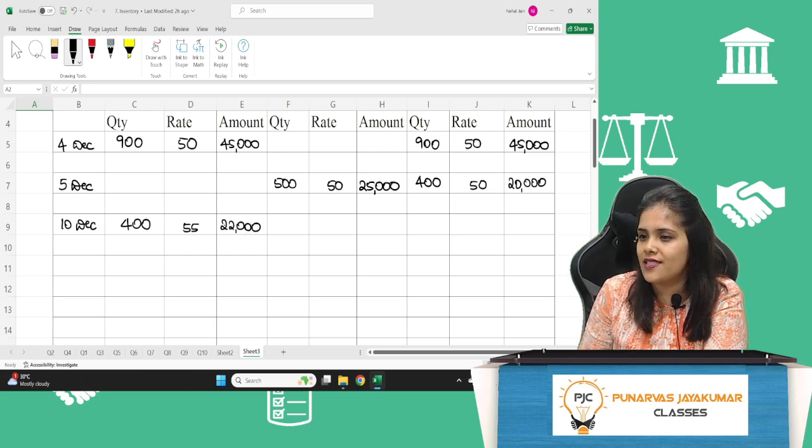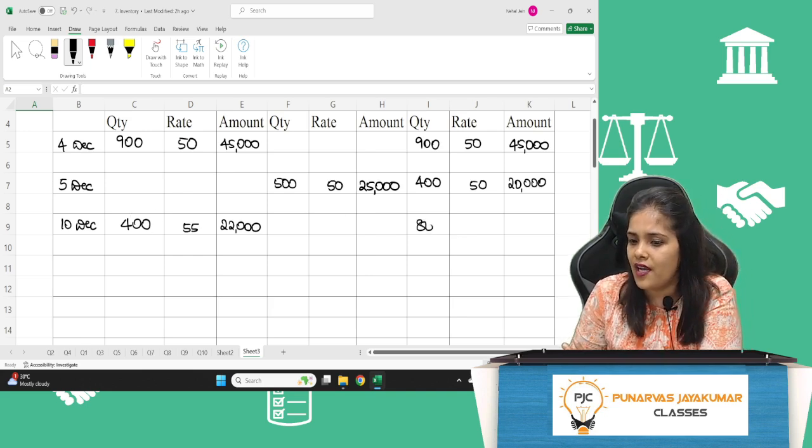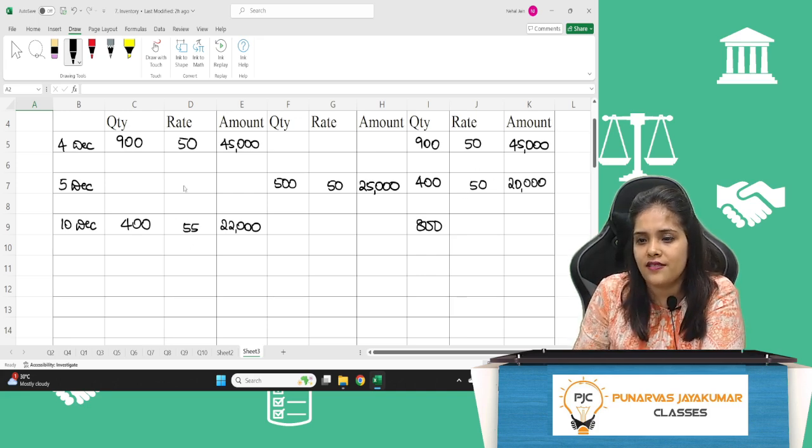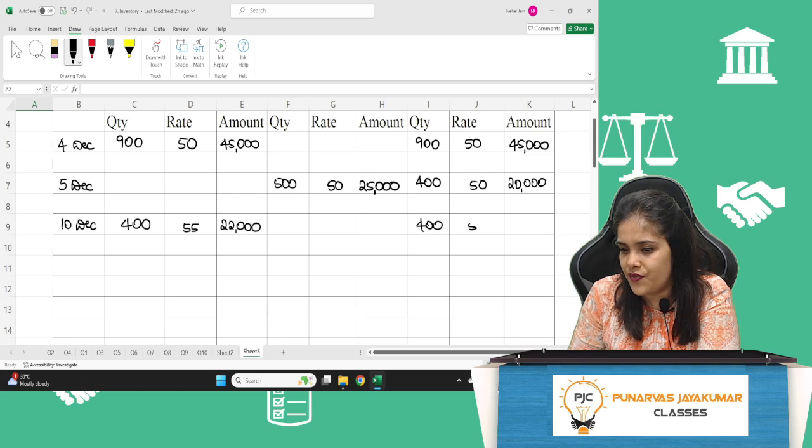Now tell me, on this date, no other purchase, so how much will be the balance quantity? We already had 400, then we further purchased 400. If I write a total of 800, can I? One 400 has its price and the other 400 has its price separately. One 400 at 50, another 400 at 55. Right?